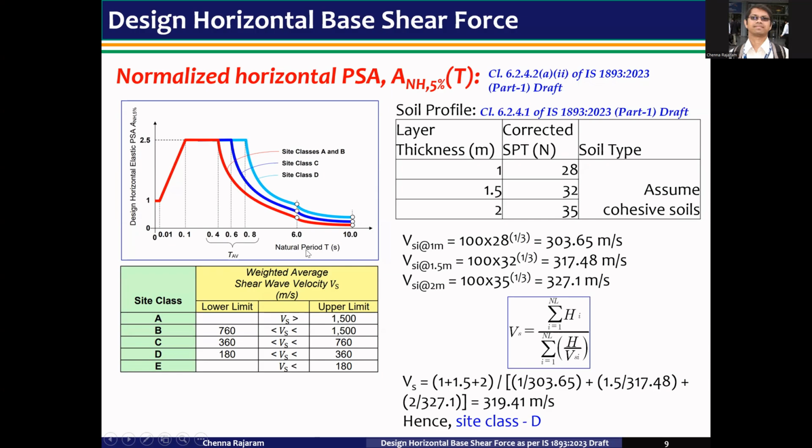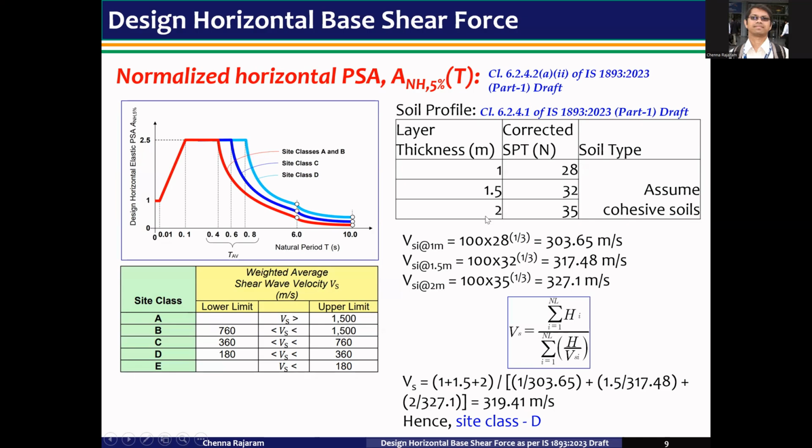The plot is drawn between the natural period and the design horizontal elastic pseudospectral acceleration. In this analysis, we consider different soil layers whose thicknesses are 1 meter, 1.5 meters, and 2 meters. And the corresponding corrected SPT values are 28, 32, and 35. Assume that the soil type is cohesive soils.